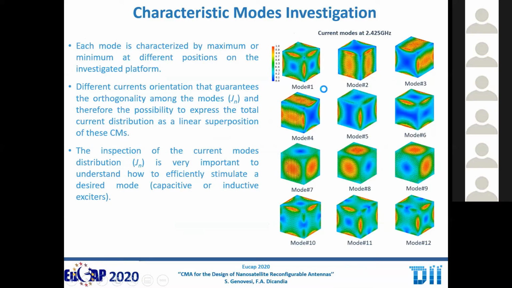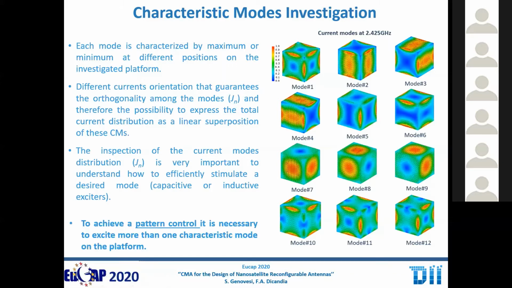Here you can recognize that due to the symmetry, the current distribution can be similar. It depends only on which phase you are considering. But since we want to achieve pattern reconfigurability, we need to excite more than one mode, and also pay attention to the radiation pattern associated with each modal current.